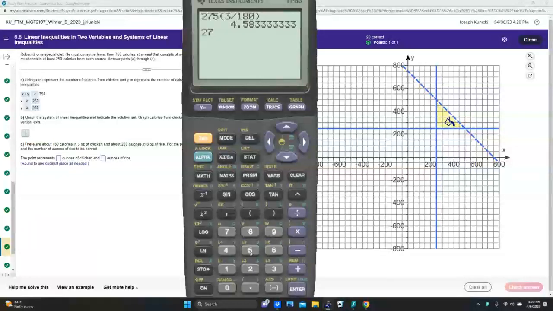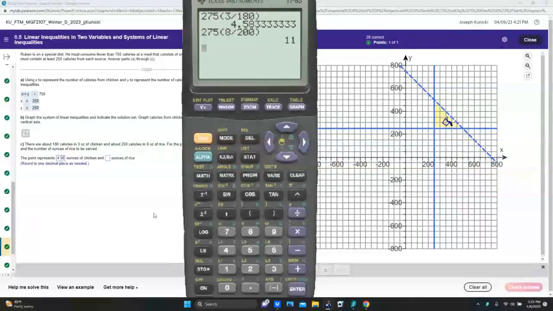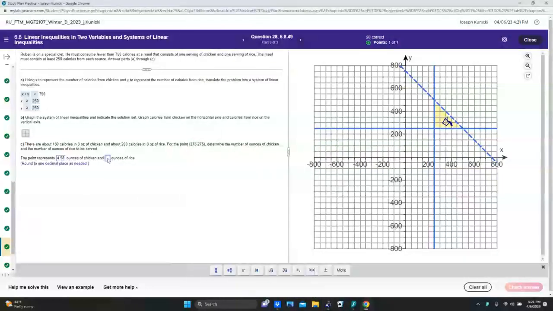That one, it'll be 275 times 8 over 200, because that's the proportion. But this is for y. In other words, 8 over 200 equals y over 275. So now we multiply both sides of there by 275. And so for the chicken, we get, or for the rice, we get 11 ounces. So it represents 4.58. I better look at the calculator again. Yeah, 4.58 ounces of chicken and 11 ounces of rice.